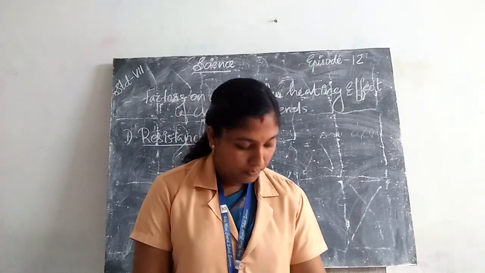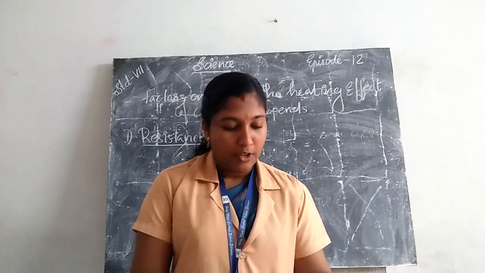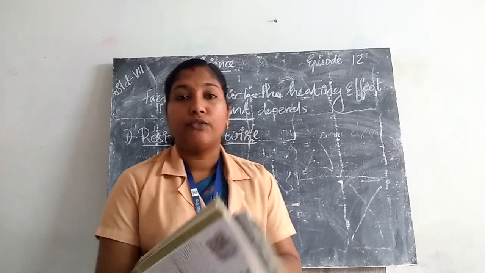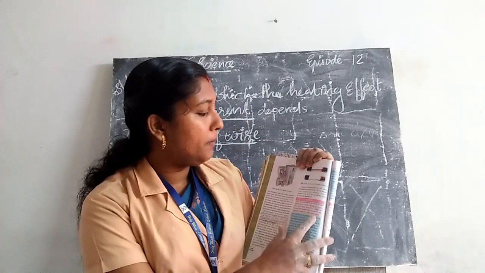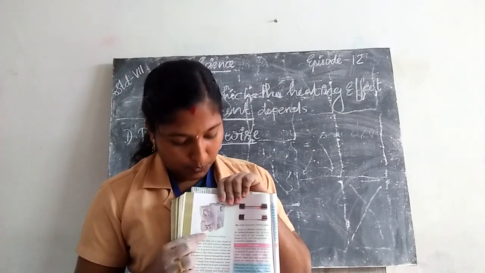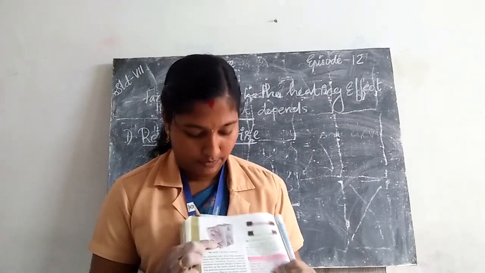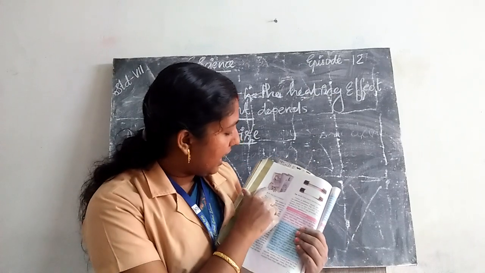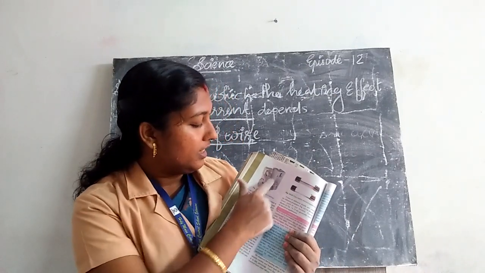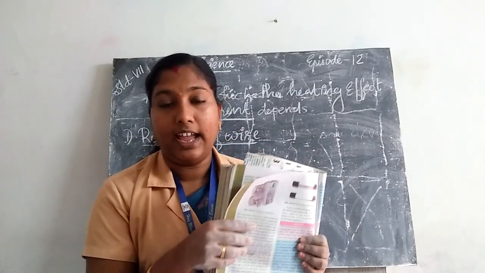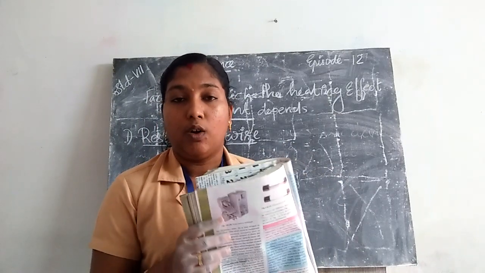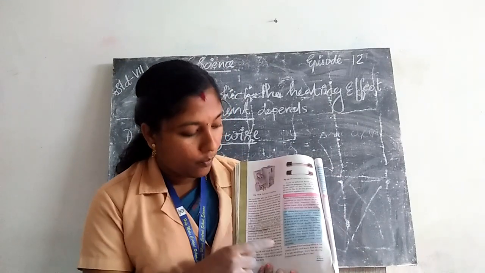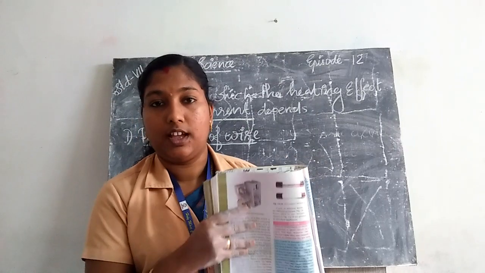In your textbook, page number 166, the fuse used in buildings is given. And we can see a thin wire is connected. That thin wire protects us from overload and short circuit.